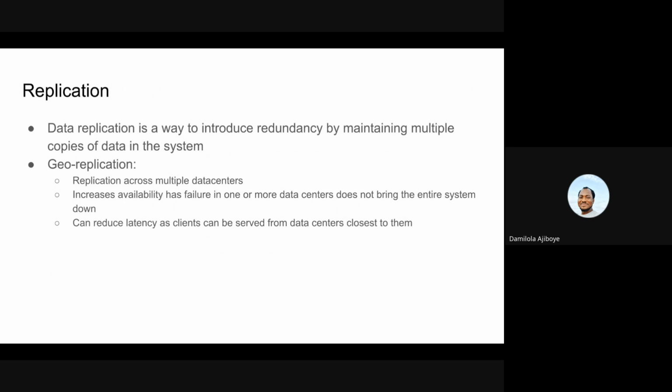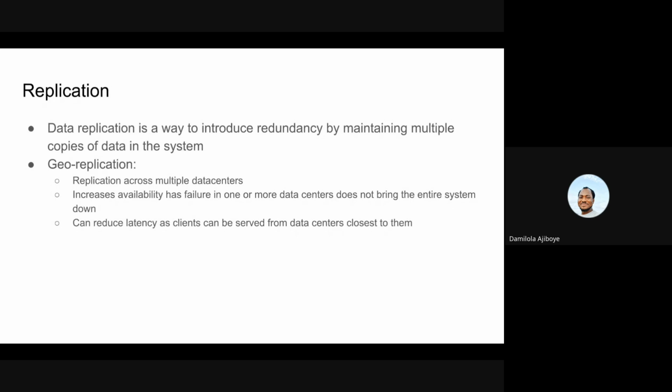One thing the book talked about was geo-replication, which is having replicas across multiple data centers. Aside from the benefits of fault tolerance, you also gain some benefit in terms of latency, which is kind of what we do with CDNs.